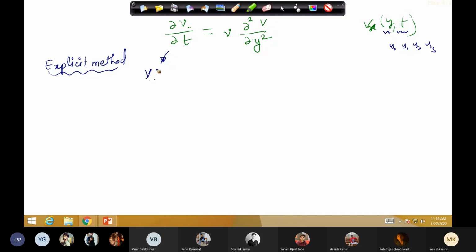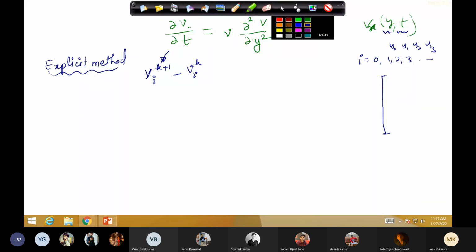So this will be simply Vi at the (k+1)th interval, rather than t, let's say kth interval, minus Vi at k. So you are writing this derivative at the ith node. You see, i is nothing but 0, 1, 2, 3, and so on. This is your y, right?